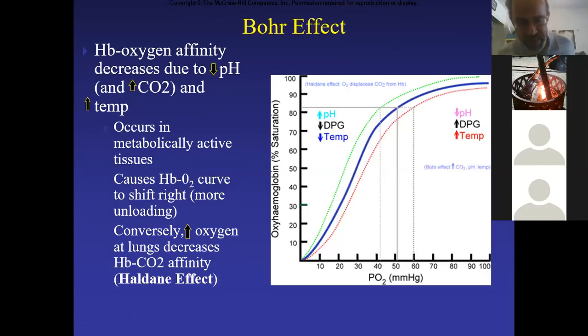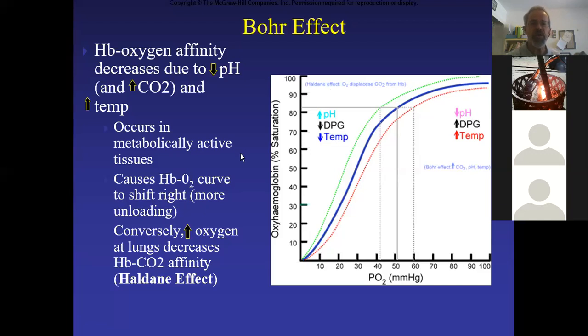All right, so this is where we get into some interesting stuff, I think. Remember I mentioned, here's the oxyhemoglobin dissociation curve. Remember I mentioned that at the tissues, the hemoglobin oxygen affinity is much lower because the hemoglobin needs to dump off oxygen, right? So what are the causes for these changes in affinity?